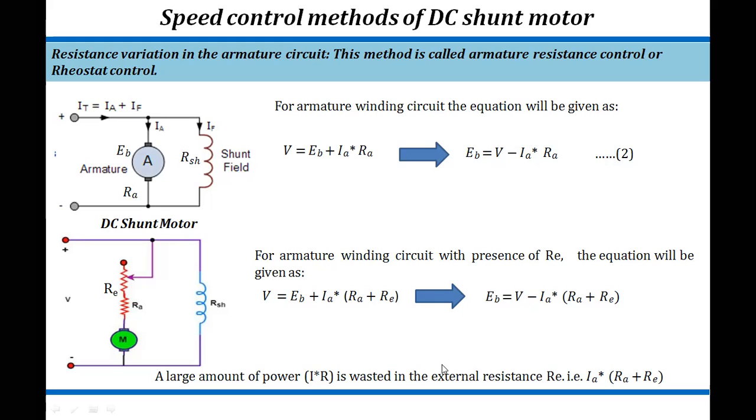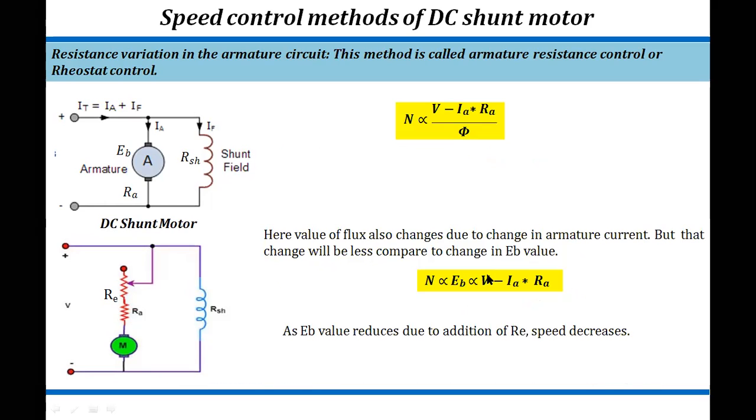Okay, so here we can say a large amount of power is wasted in the external resistors, because if you see, we have two resistors here, one additional resistance because we are using a rheostat. But we know that for a DC shunt motor, N is directly proportional to V minus IARA and inversely proportional to phi.